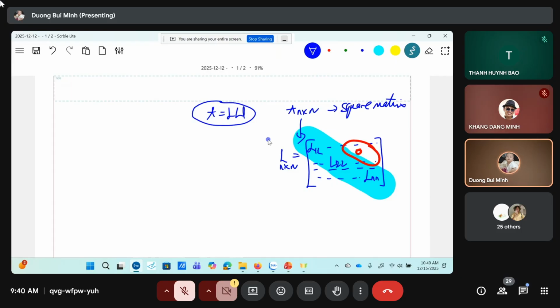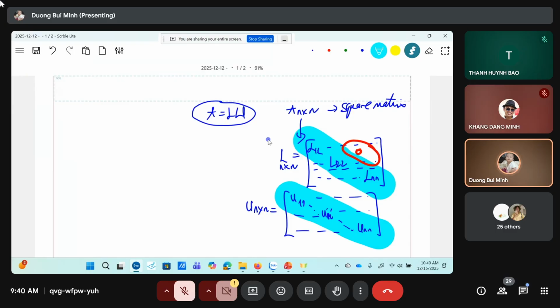And then for U we have U11, and so on, UII, and so on, UNN. These are the diagonal elements. For the upper triangular matrix, all elements below the diagonal must be 0.